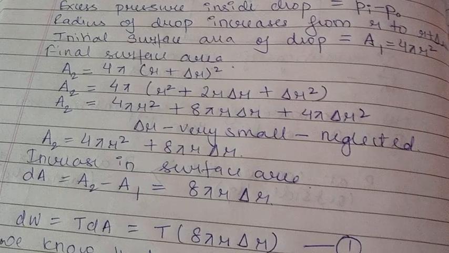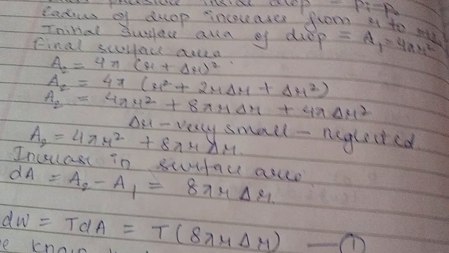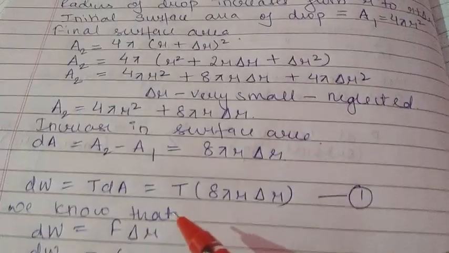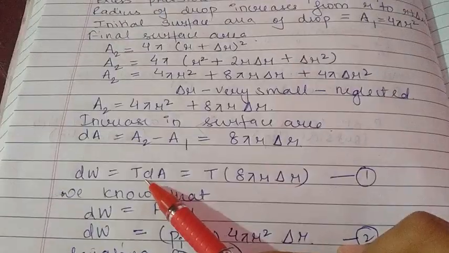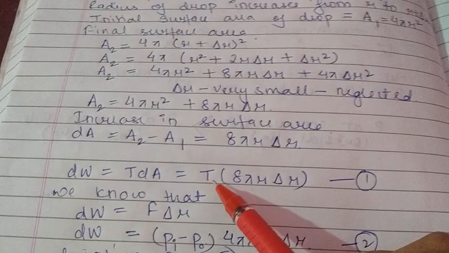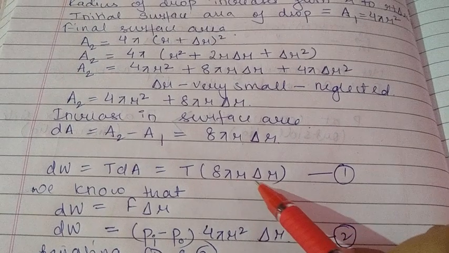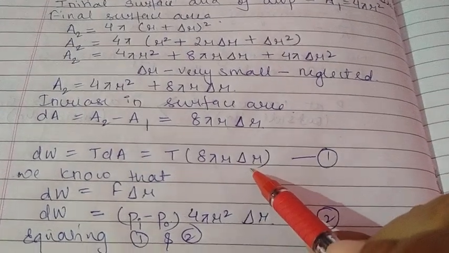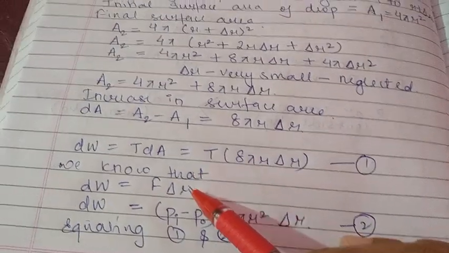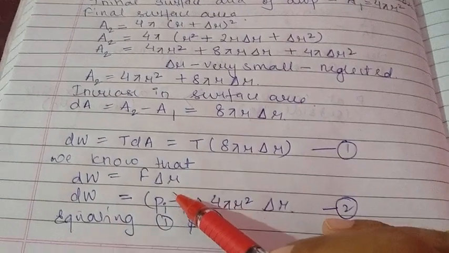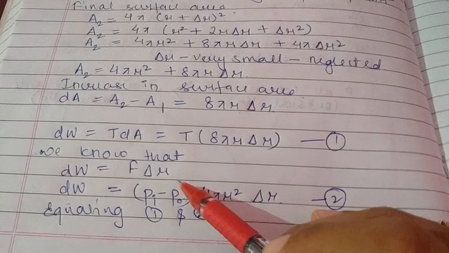Now there is some work done while increasing this surface area, and the work done can be written, as we learnt in the previous lecture, as T into dA. So T is the surface tension here and 8 pi r delta r is the increase in area. From the basic definition, work done can be written as force into displacement, so here it is F delta r.